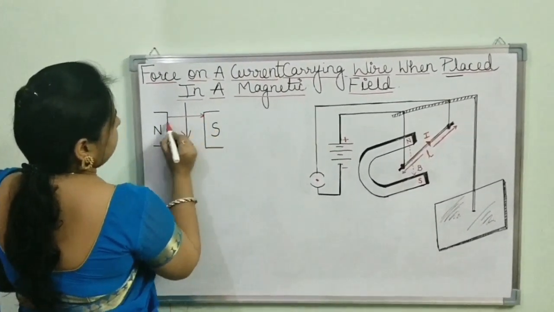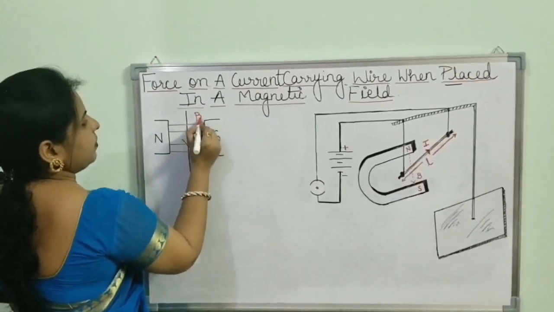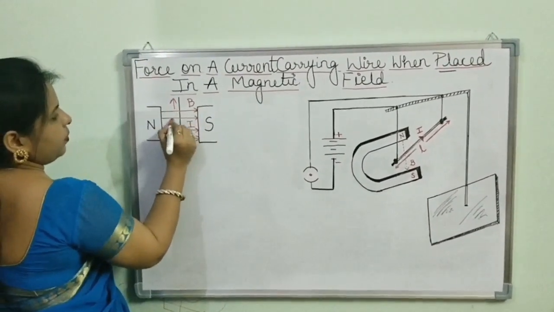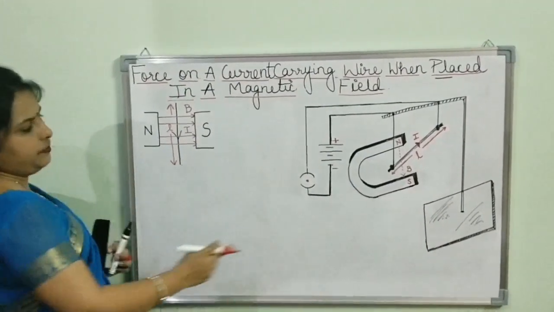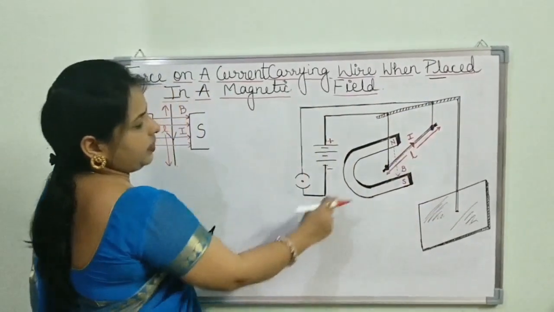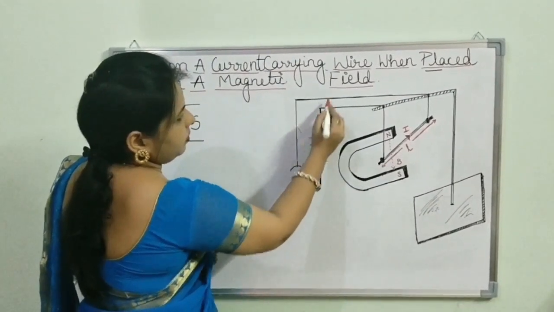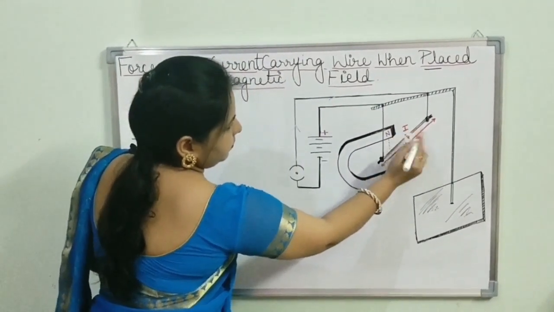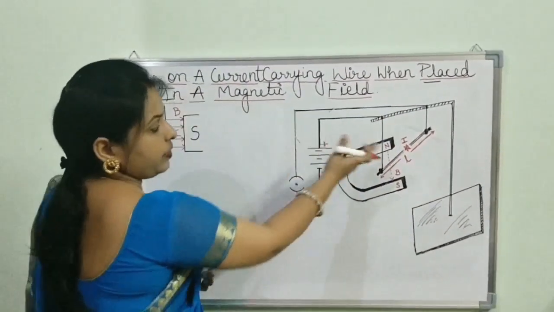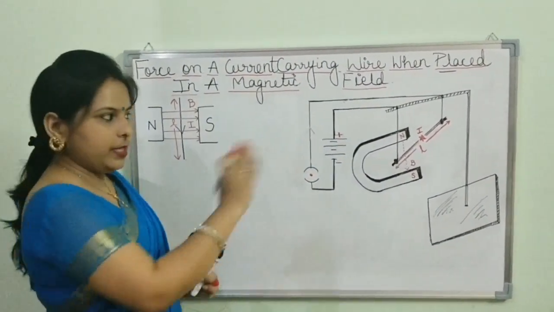This is the magnetic field, which we represent by capital B. This is current I, and this is the wire whose length is L. We have hung this wire with the help of a stand and we have connected this wire with a battery. When the current starts flowing in this wire, some force will be exerted and this wire will start moving in a particular direction. In which direction will it move, we will study later on.